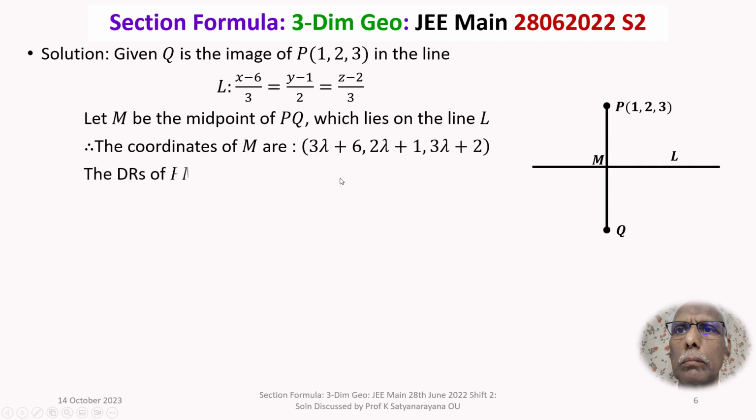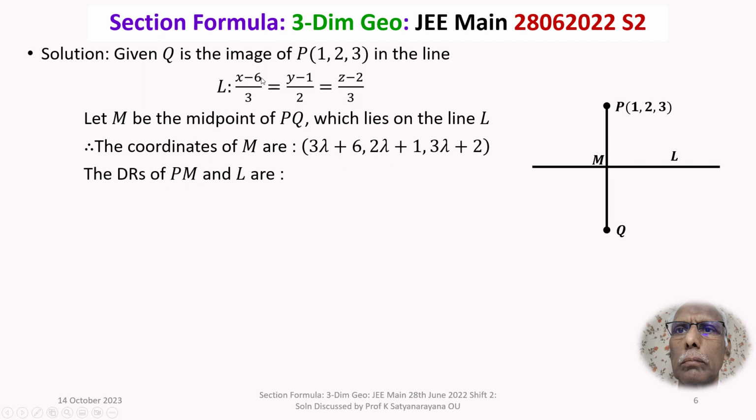Now the direction ratios of PM and L. The direction ratios of L are 3, 2, 3. For PM, we know P has coordinates 1, 2, 3 and M has coordinates 3 lambda plus 6, 2 lambda plus 1, 3 lambda plus 2.